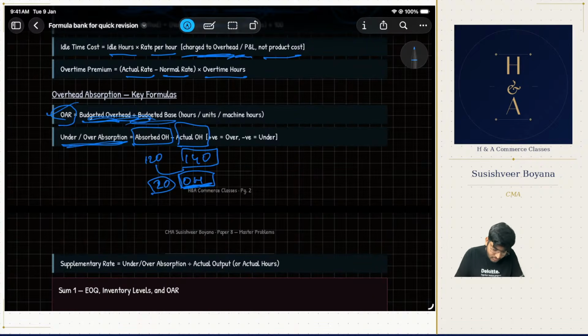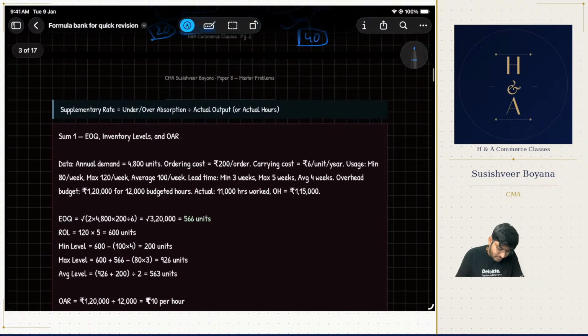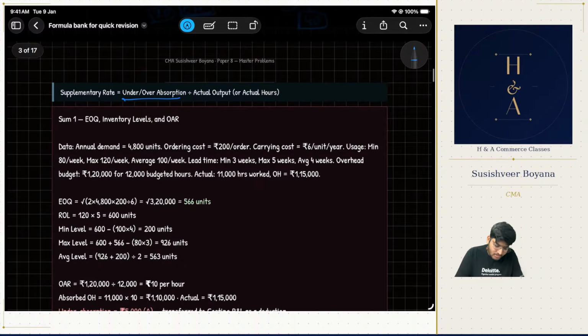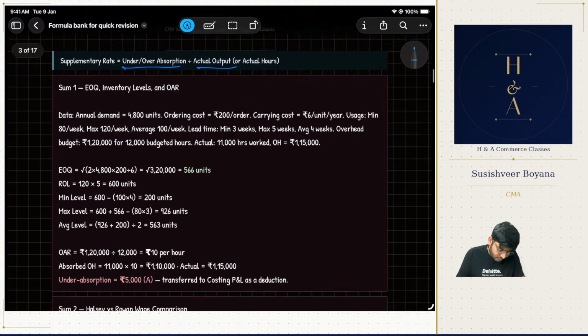The vice versa: if actual is around 120, but absorbed is around 160, the difference here is 40. That means I have absorbed more than the actual. That means it is over absorbed. Supplementary rate is under or over absorption divided by actual output or actual number of hours.